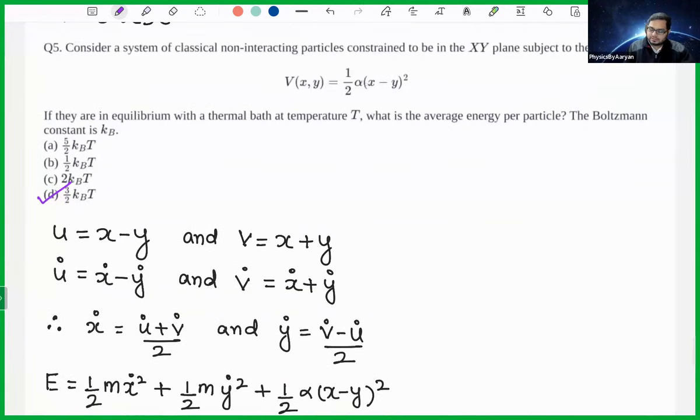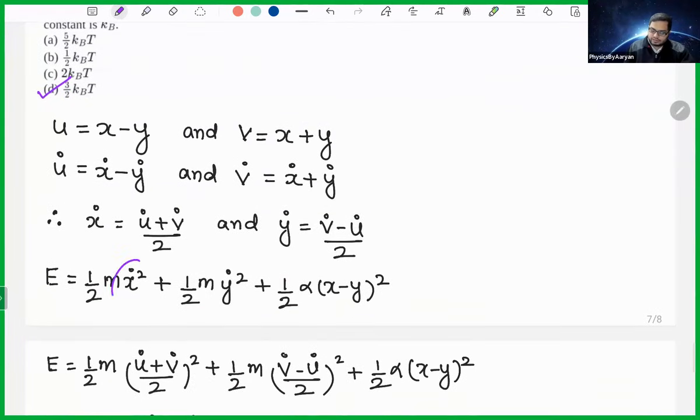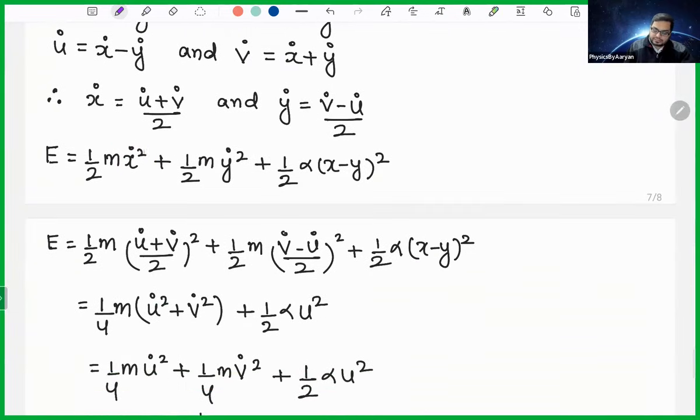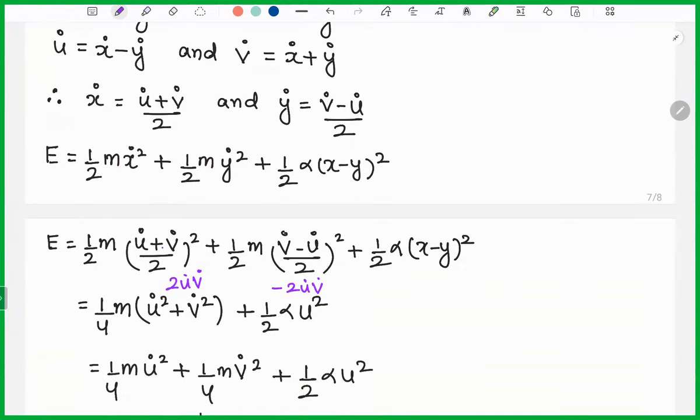Because not only do we have to replace this, but we also have to make sure that x naught and y naught are also replaced, right? Because you see, why did this trick help? Because in x naught square, you came out with 2 u naught v naught, right? And from y naught square, you got minus 2 u naught v naught. You see, so the coupled term got cancelled out, right? That is why this trick was so useful.